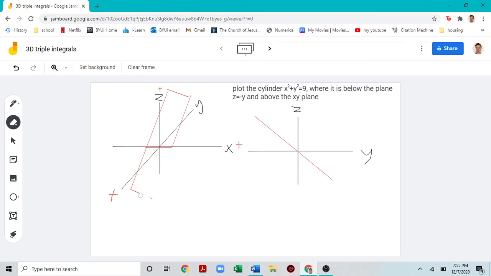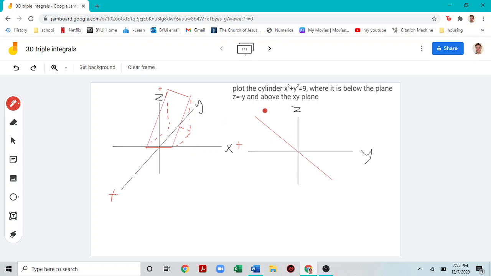I'll take care of it for you guys. So far that's what it's going to look like. It's still going to be somewhere under here until it reaches the xy plane, somewhere in between this area. And remember, this is still going this way and all around.